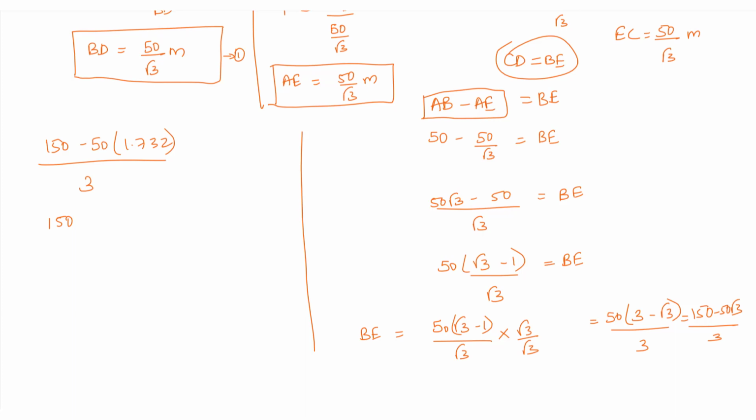Therefore, (150 minus 86.6) by 3. That is 150 minus 86.6 will give us 63.4 by 3. When 63.4 is divided by 3, we will get our answer as 21.1 meter. Hence, this is the height of the building.